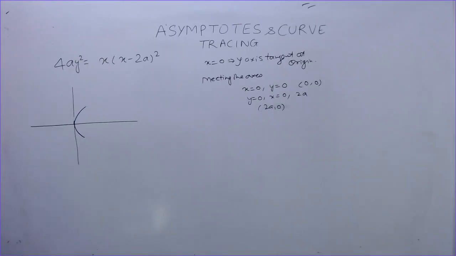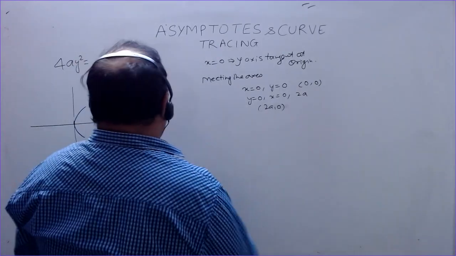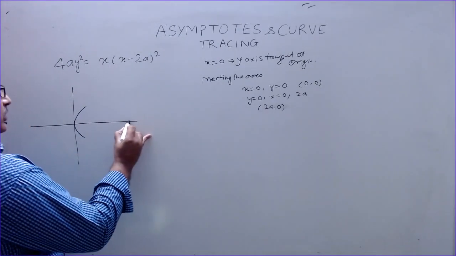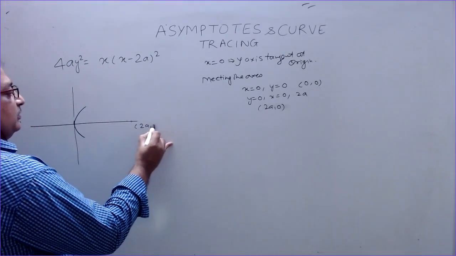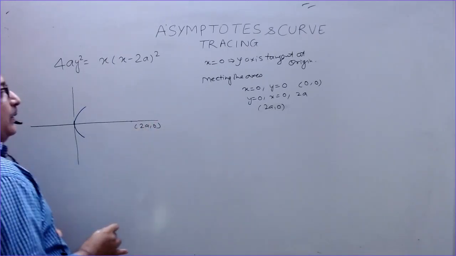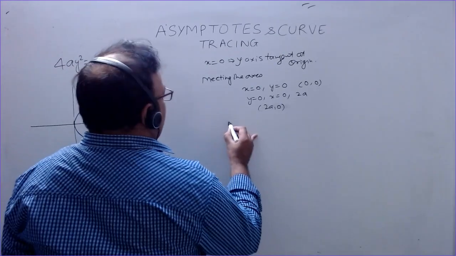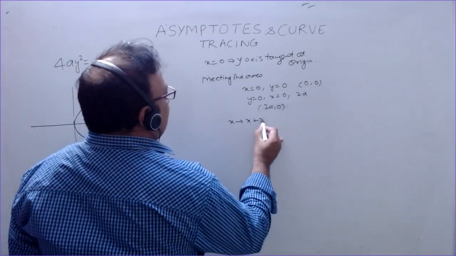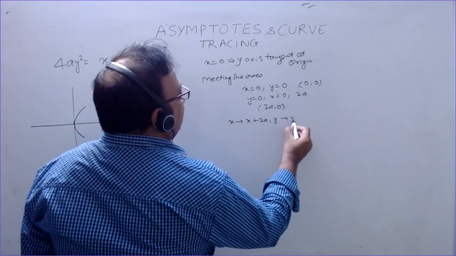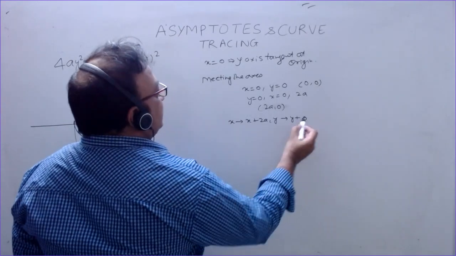And now we can find the equation of the tangent at the point of intersection with the axis. 0, 0 we have found. Second is 2a, 0. Suppose this point is 2a, 0. So we will shift the origin here. So x will be x plus 2a, y will be y plus 0 in the equation.